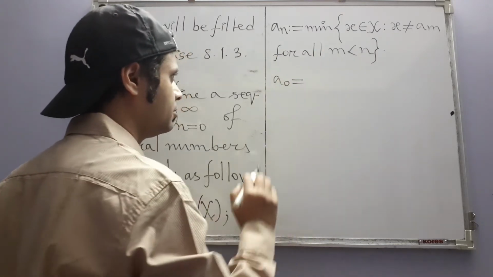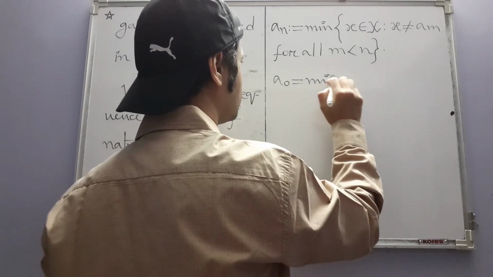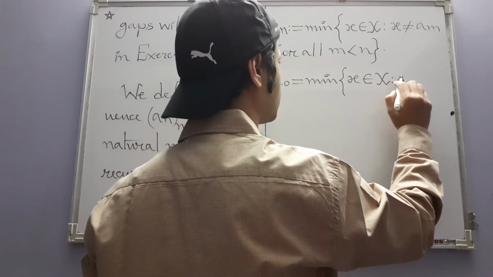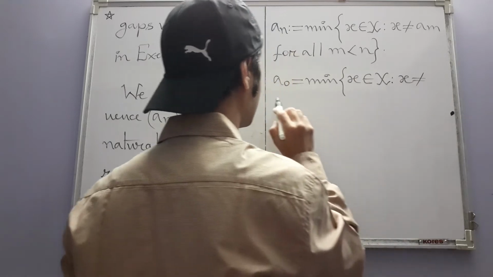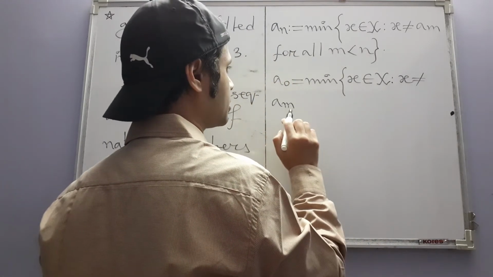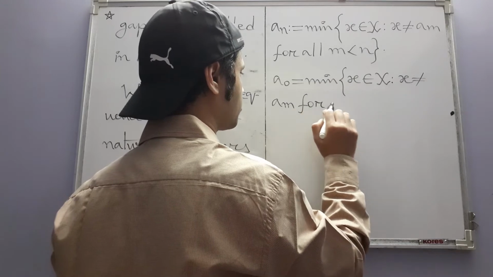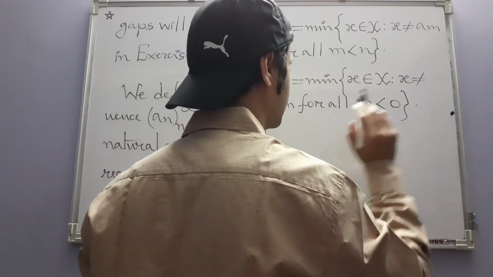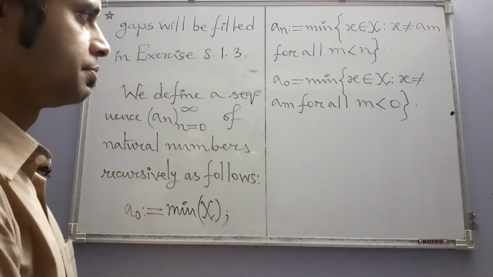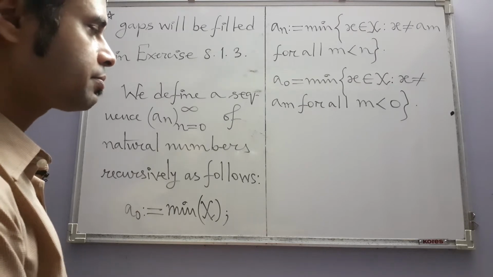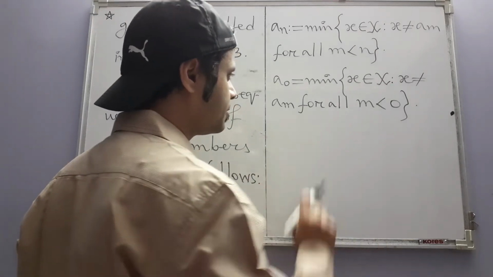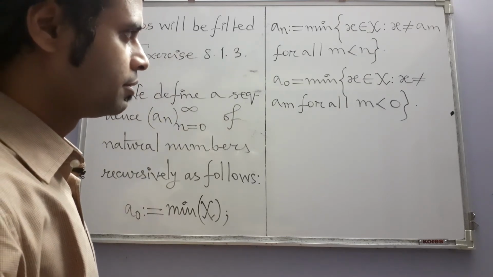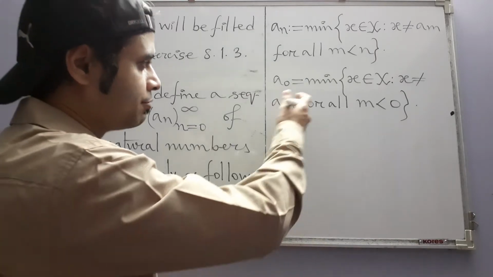According to this definition, you would get x is not equal to an for all natural numbers m less than 0. Okay. Now, is there any natural number m less than 0? Of course, there is no such natural number. So, what is it that we see here?